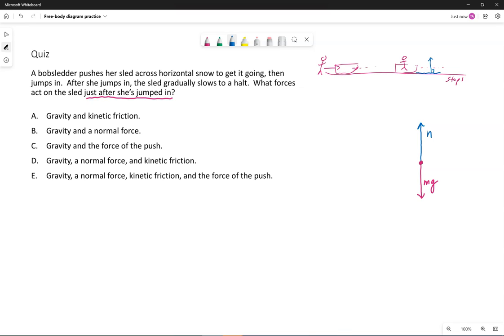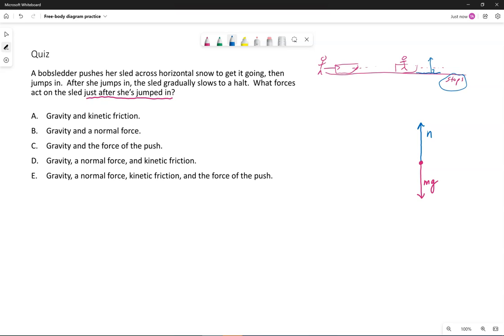Now, the third force comes from reasoning out that the sled gradually slows down to a halt. It stops. There has to be some sort of force that is giving the sled an acceleration. Any acceleration is due to forces.